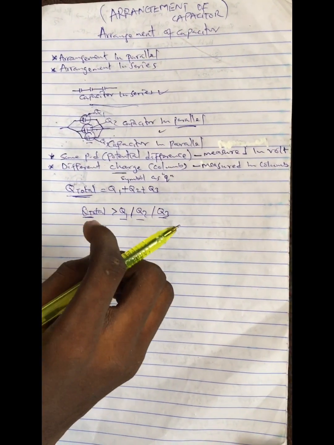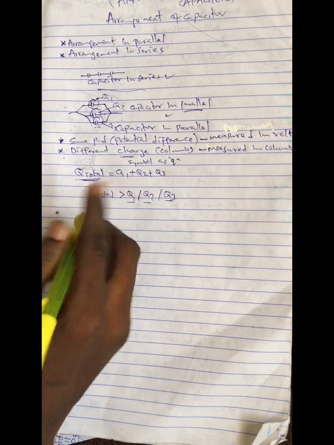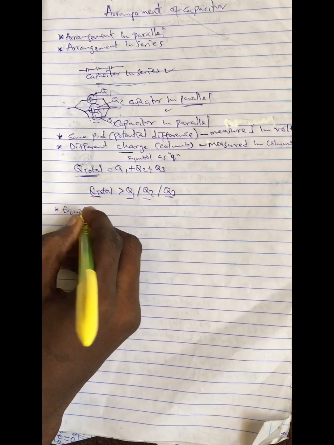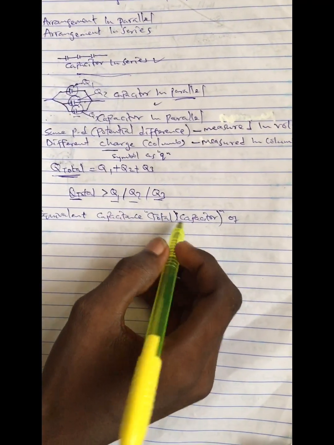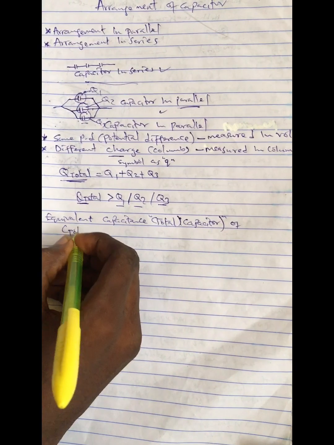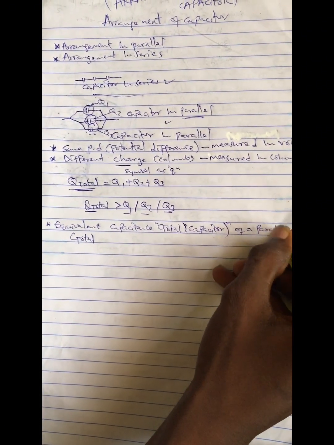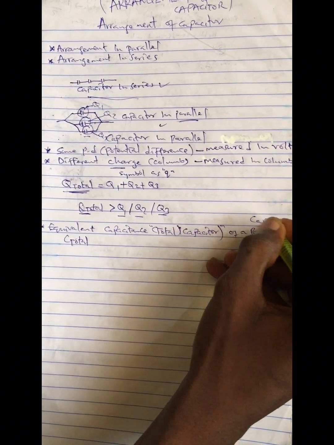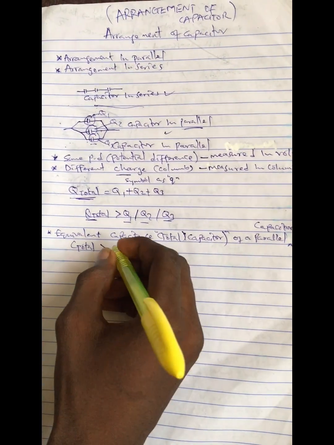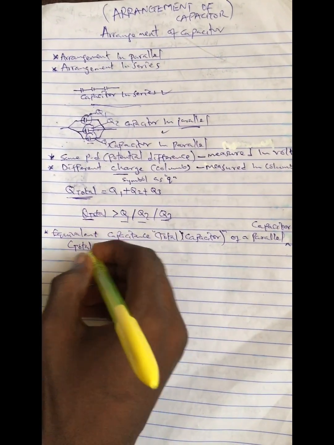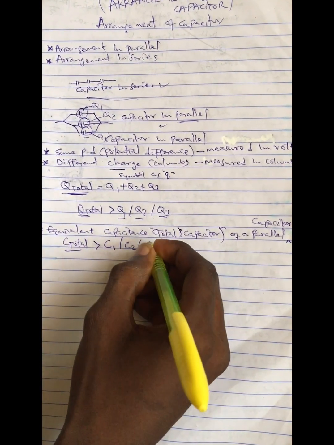And one thing I want you to note is that the equivalent capacitance, which is regarded as the total capacitance of a parallel capacitor, is greater than any individual capacitor. That is, C total is greater than C1 or C2 or C3.